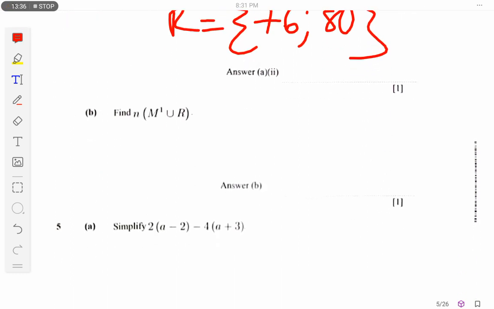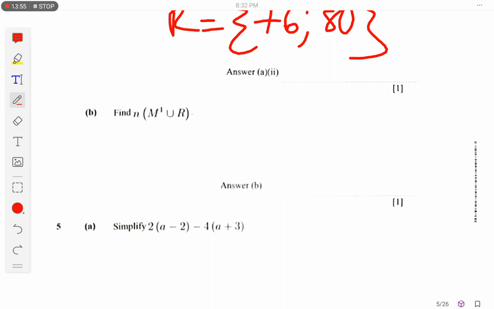is saying find n of M complement union R. What it means here is we want to find the number of elements that are not in M, then we combine with those that are in R. So what I can say is this.